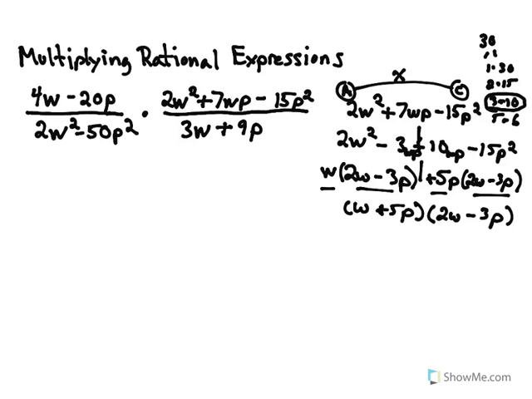Okay, so we are going to replace the upper right hand corner, or the upper right hand fraction, with w plus 5p, and then 2w minus 3p. And the bottom right fraction, since we're working on this right side, we can factor out a GCF of 3, because that's the biggest number that will divide into 3 and 9.